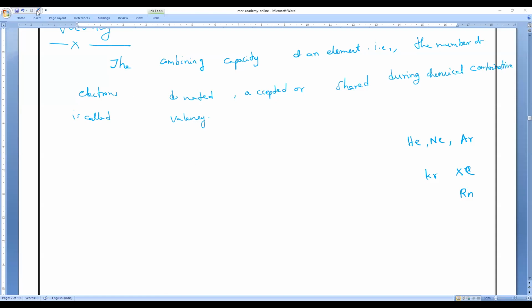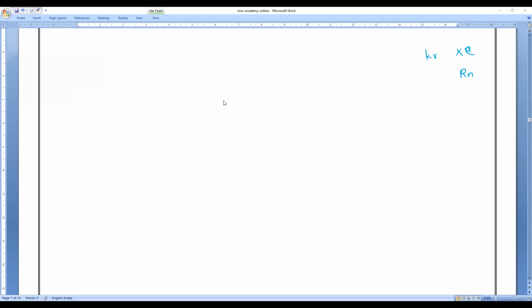So that is what we call valency: how many I can donate, or how many I can accept, or how many I can share. Always remember, that will vary in the valence cell for different elements. Clear, everybody?